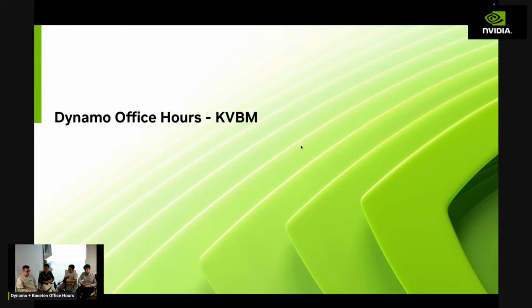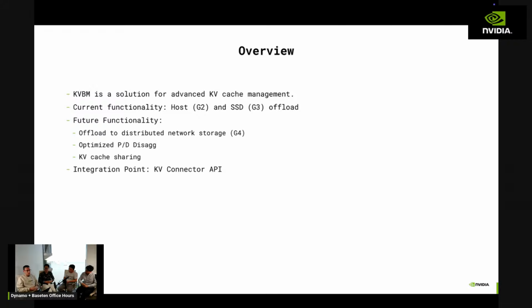I'll just do a quick presentation on what we call the Dynamo KV block manager. To start, a high level overview. KV block manager is in essence a solution for advanced KV cache management. A bit of a primer here: there's nomenclature we use for different cache levels. We have 4 different cache levels.